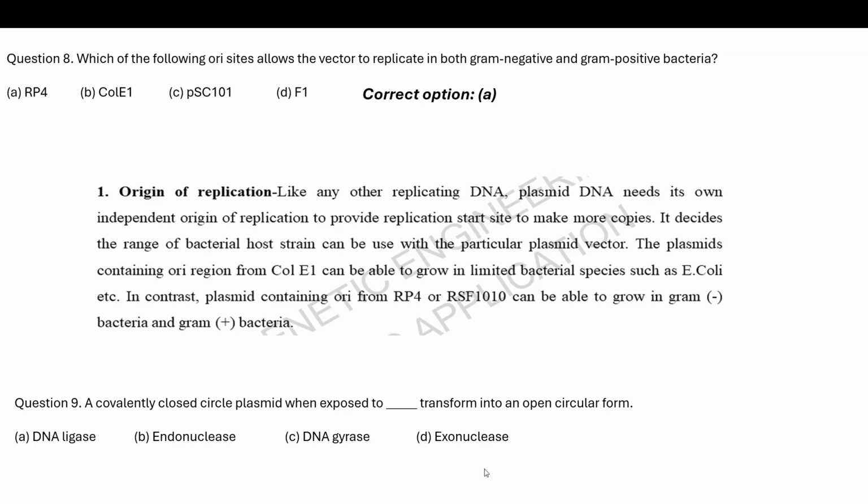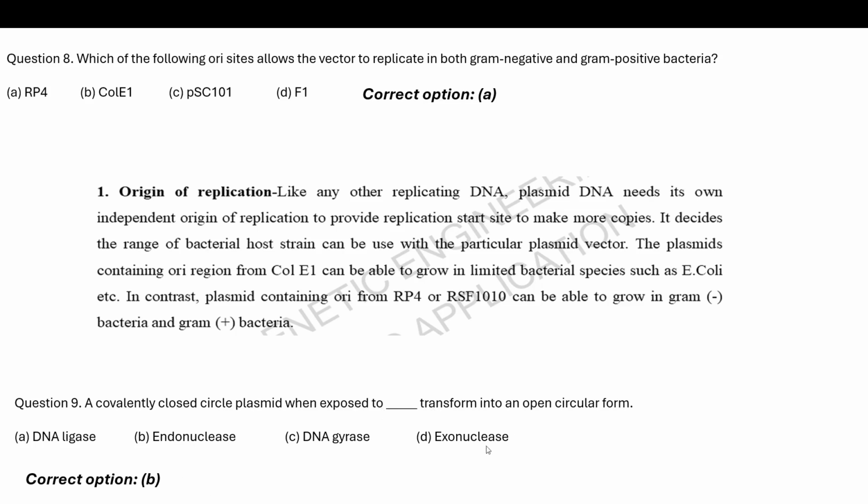Exonucleases are the ones that cut at the terminal part of the DNA sequence, and endonucleases are the ones which cut at the internal sequence, in between the DNA nucleotides. In case of a plasmid DNA, there's no terminal point. So this will be endonuclease, option B.